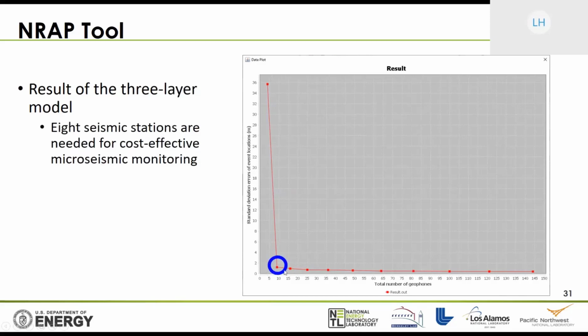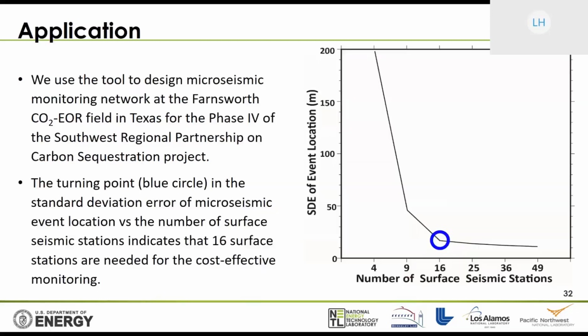So this turning point basically gives you the optimal number of geophones needed for cost-effective microseismic monitoring. Next I'm going to show you how we use this tool to run one of the real applications. Basically, we use the 3D velocity model from the Farnsworth CO2 EOR field.